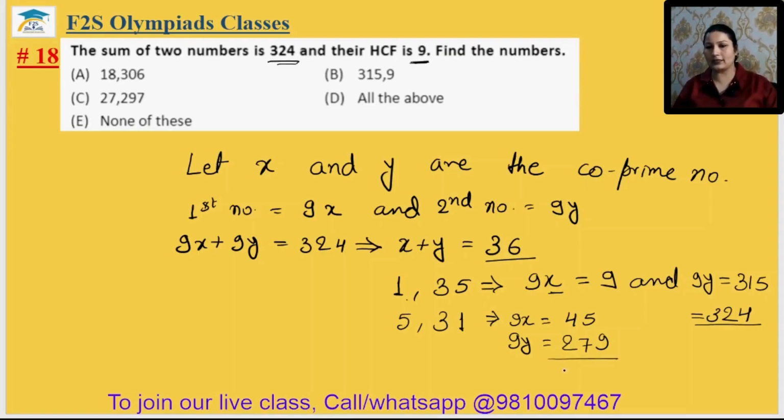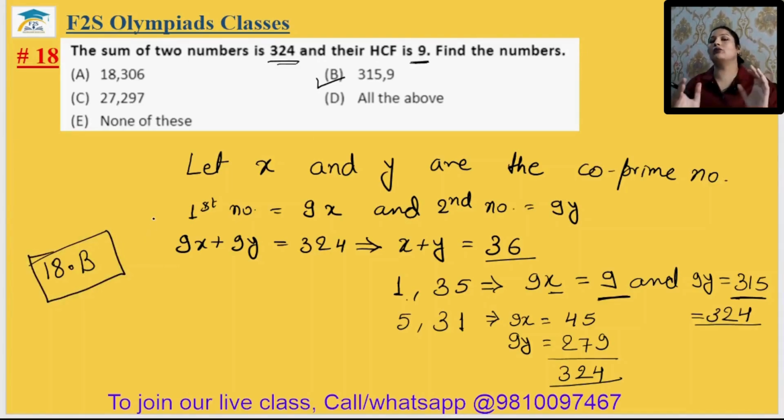Now check the options. 45 and 279 is not available. But 9 and 315 is available, in option B. So we will go with option B. The 18th answer is B.